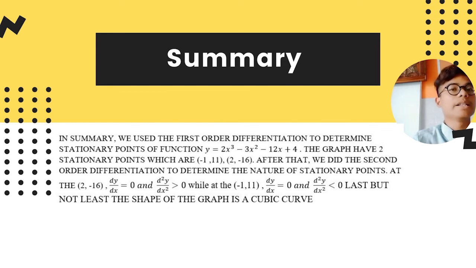While at (negative 1, 11), dy per dx equals 0 and d squared y per dx squared is less than 0. Last but not least, the shape of the graph is a cubic curve.